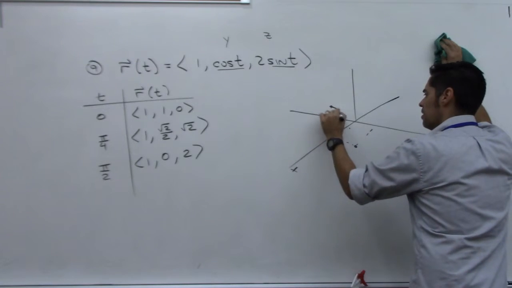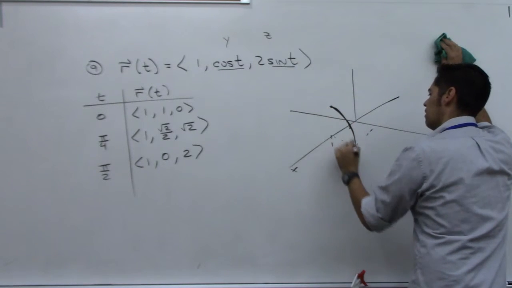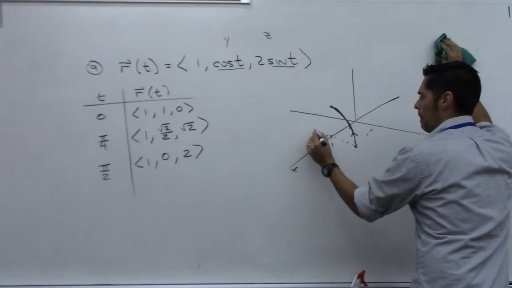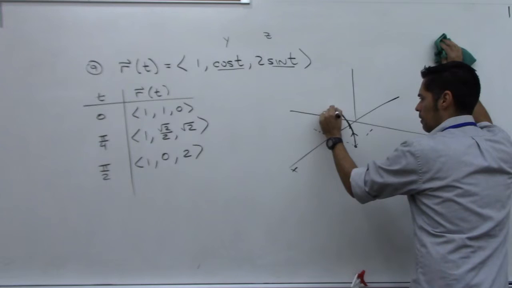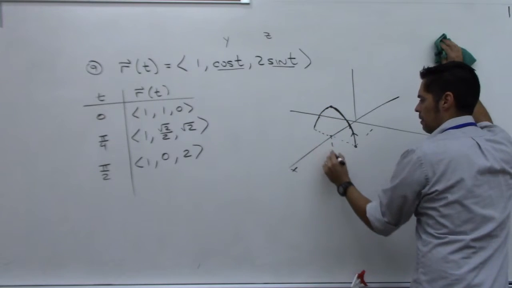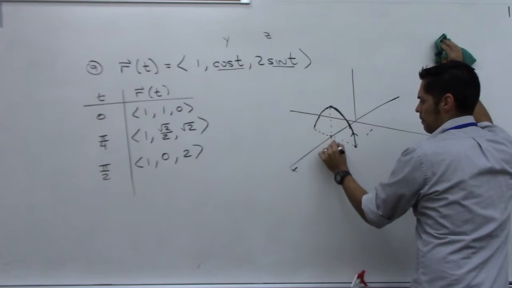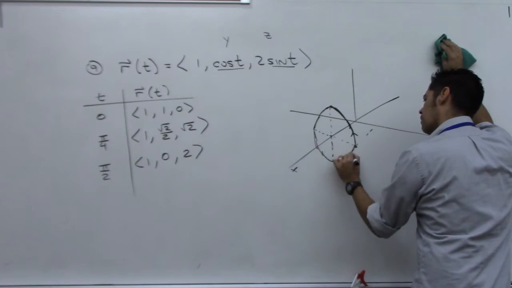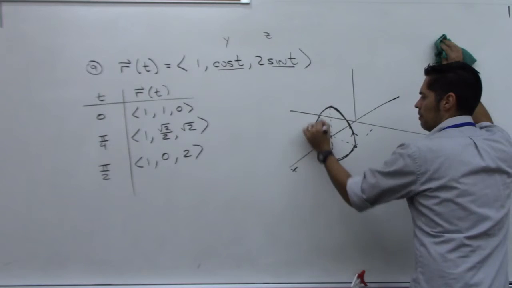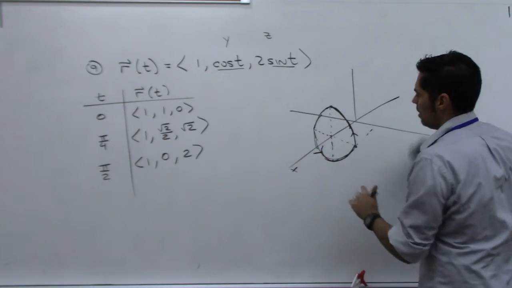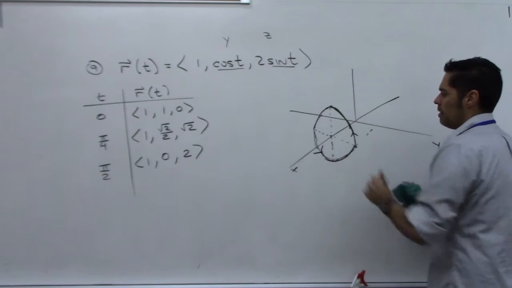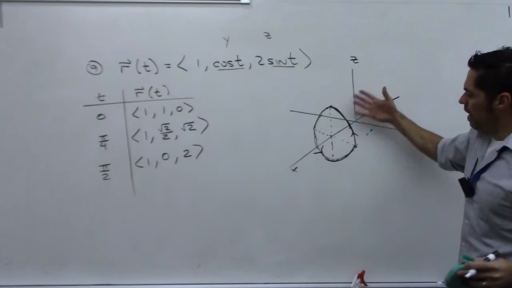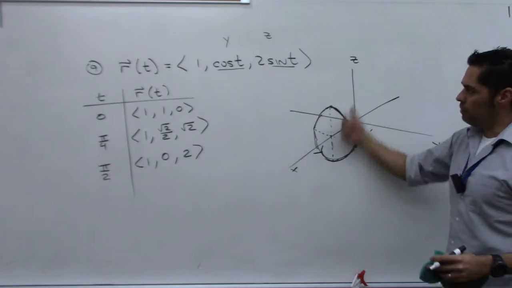So this is what it's drawn so far, right? And it's going in this direction. And if I continue, what it's going to do is it's going to draw this ellipse, okay? But the ellipse is on the YZ plane. It's been moved out 1. It just keeps drawing the ellipse over and over.